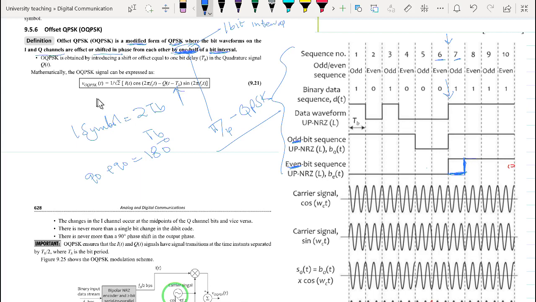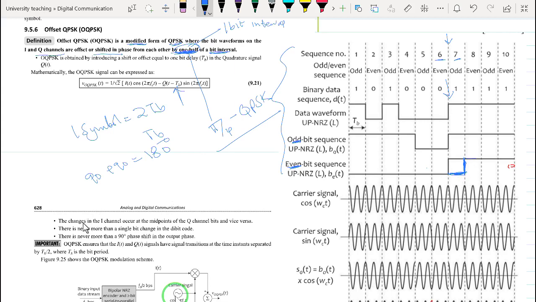So as we have seen, mathematically, the Q is delayed by 1 TB, and what we'll see is that now the transitions are going to be happening twice the number of times that happens at QPSK.